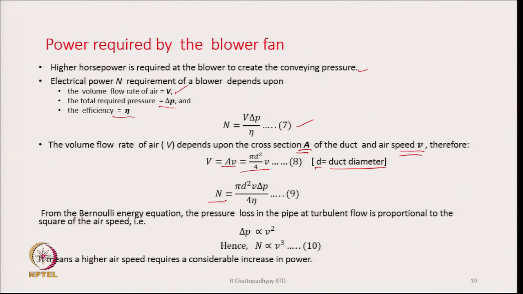From the Bernoulli's energy equation, the pressure loss in the pipe at the turbulent flow is proportional to the square of the air speed. So, delta P is proportional to v square also. Therefore, N, the electrical power requirement, is proportional to v cube, that is the velocity of the air. Hence, you see that the power requirement increases disproportionately with increase in small v, that is the speed of the air.